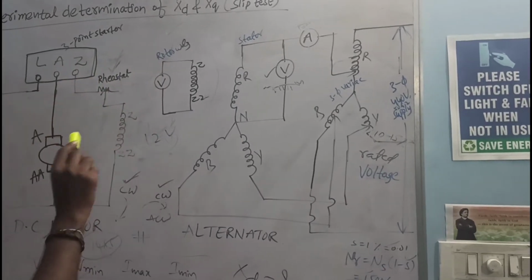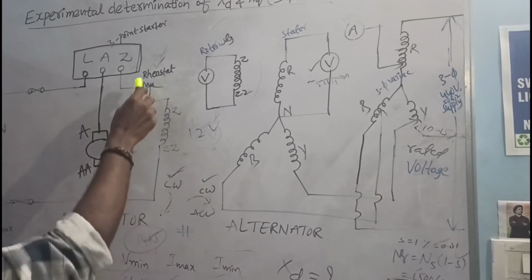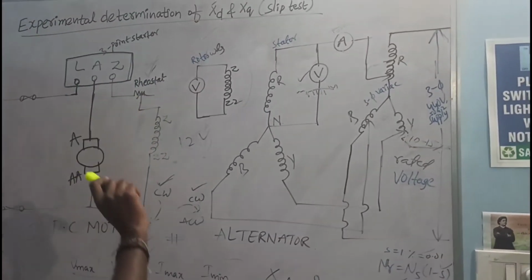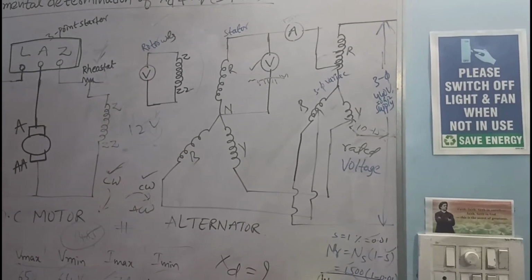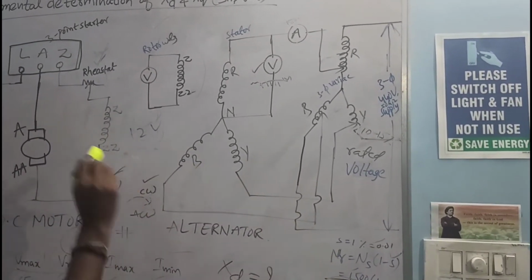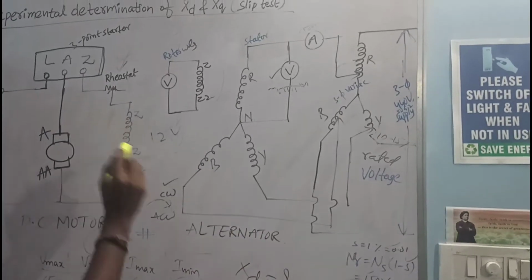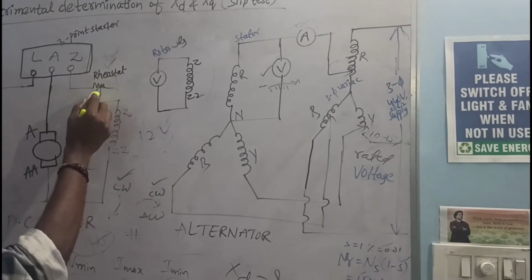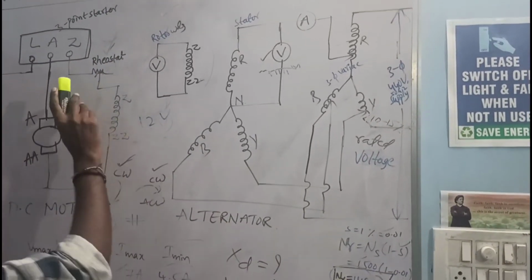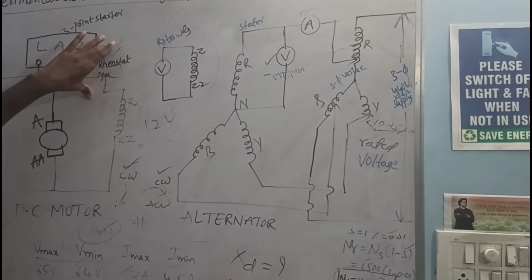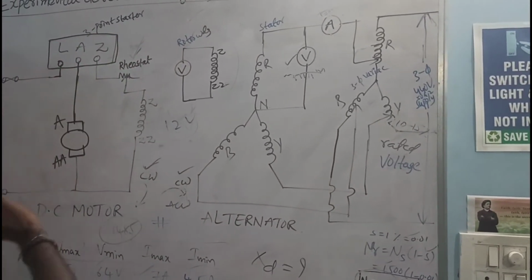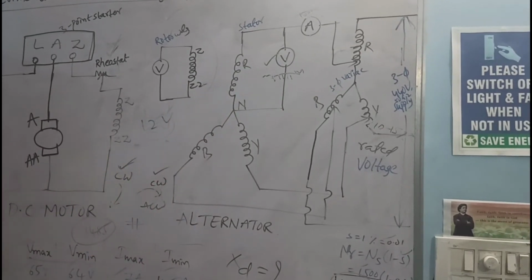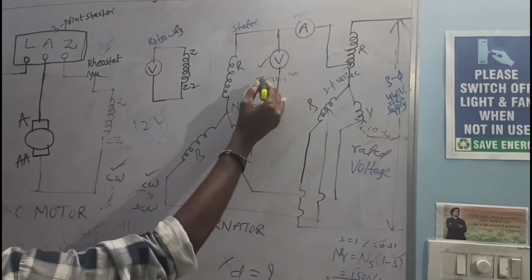Next is a very important point. By using this rheostat, set the speed to 1485 RPM, as per the calculations. Then in this voltmeter you get some oscillations.